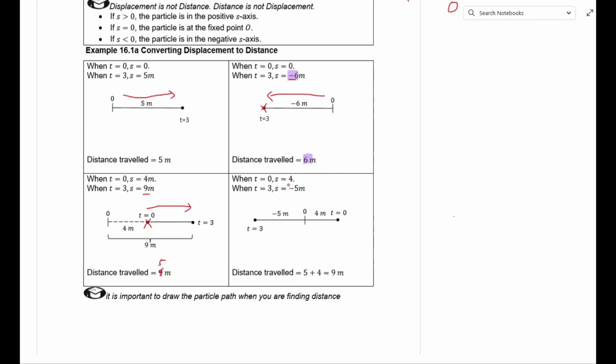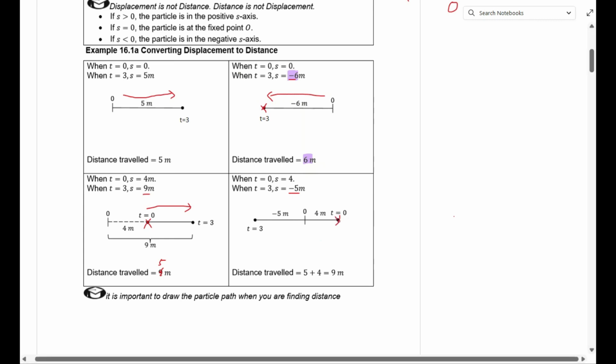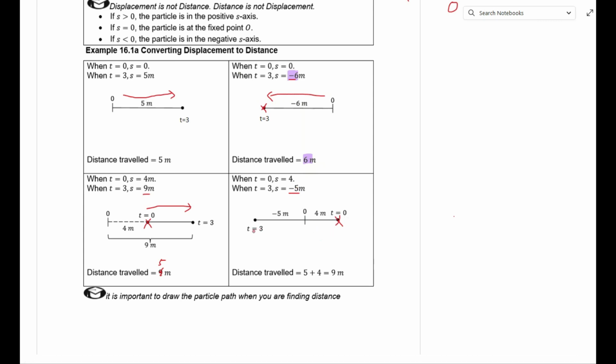Lastly, when t equals 0, s equals 4, so once again the particle starts off 4 meters away from our fixed point O, and when t equals 3, s equals negative 5 meters. Once again, our negative 5 meters is with respect to our fixed point O. Therefore, at the start, our particle is here, and then at t equals 3, it is negative 5 meters away from our fixed point.